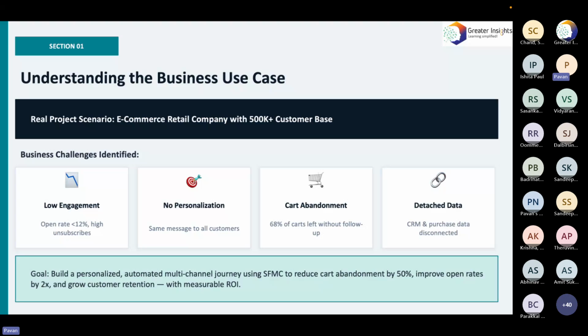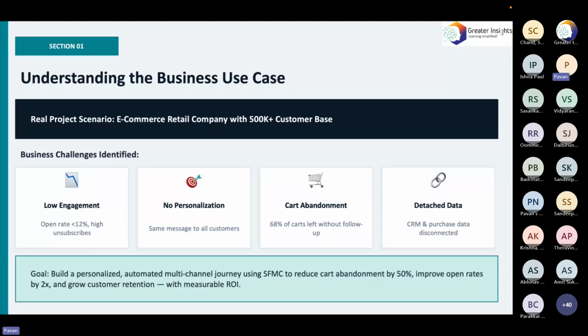So these are multiple channels that are there in the CRM. Now, if you are able to automate these channels using SFMC, we will be able to address the challenges that we identified. So we will be able to reduce cart abandonment by a certain percent.